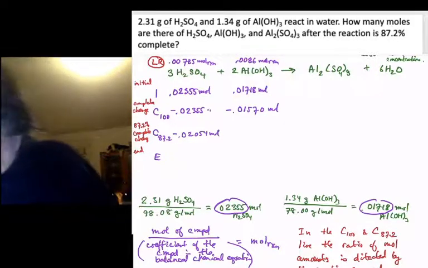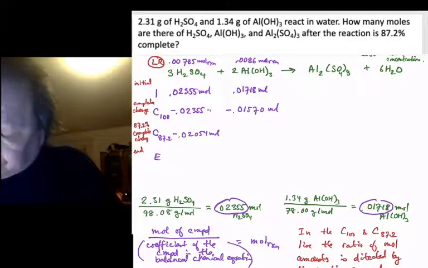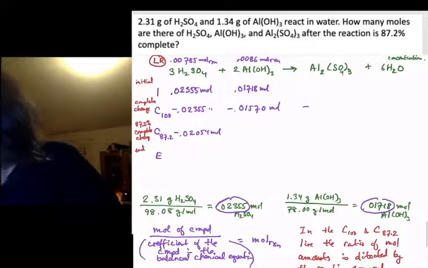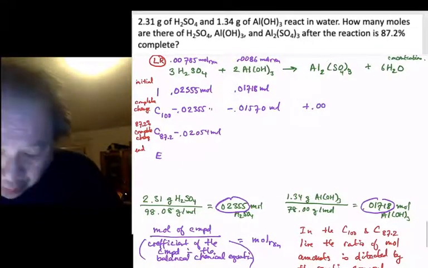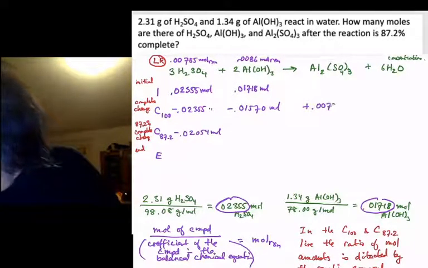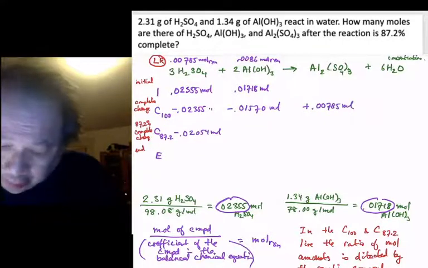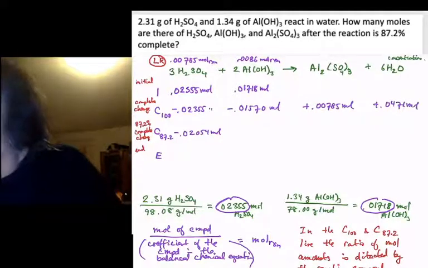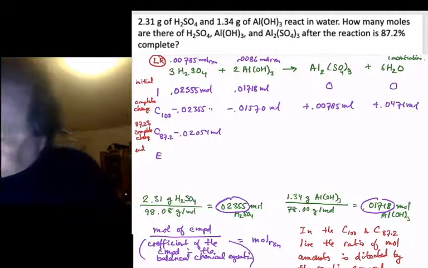Yes, it will be 0.02355 divided by 3, because for every 3 you get one of those, and it'll be a plus sign because it's being made, 0.00785 moles. And here, 6 times the amount, plus 0.0471 moles. And we started off with 0 of these guys.